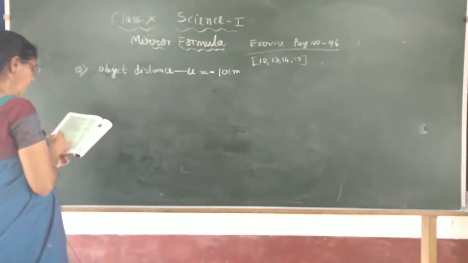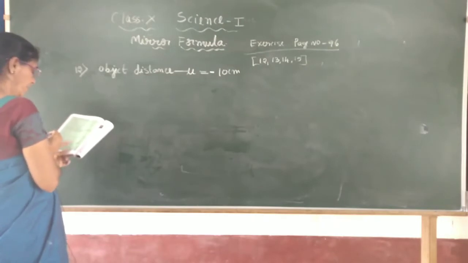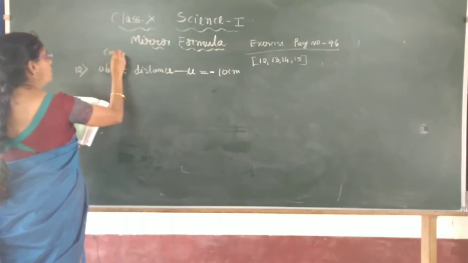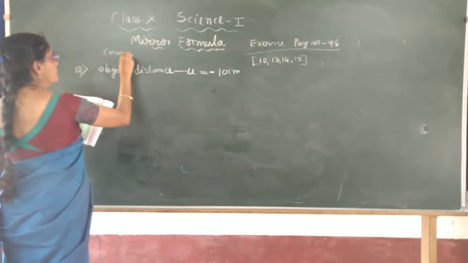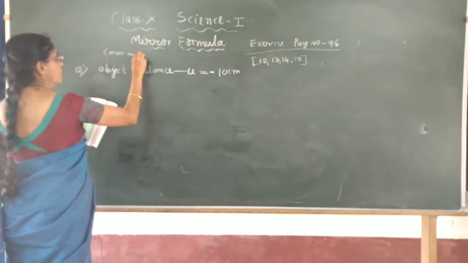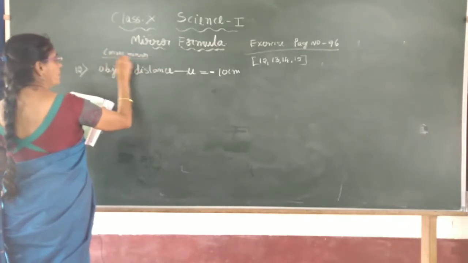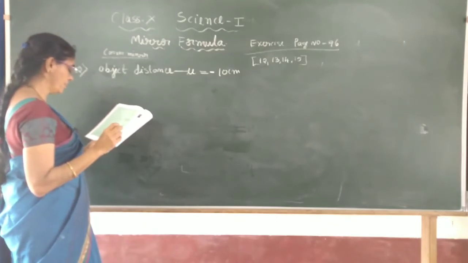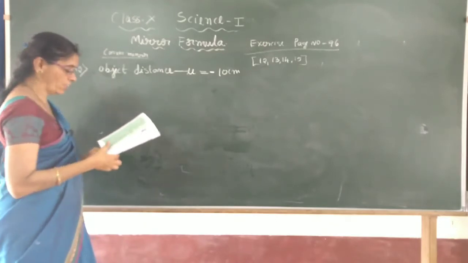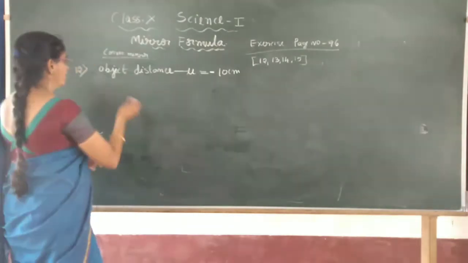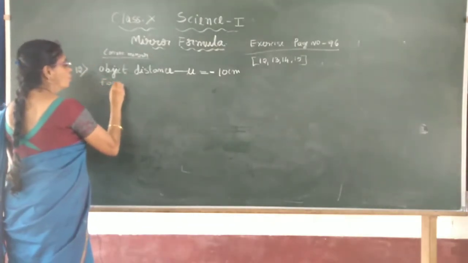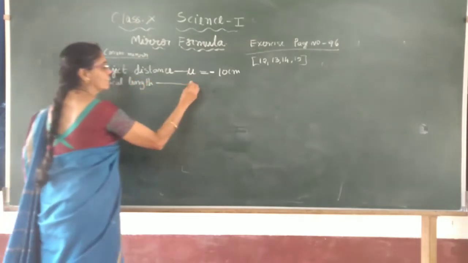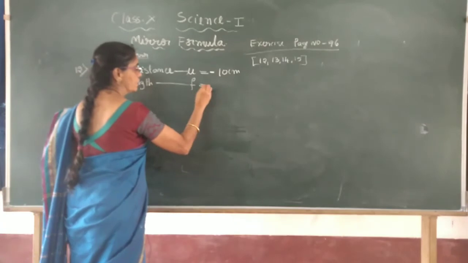Then they have given the focal length. Here I will write which mirror it is. The mirror is a convex mirror. If you know which type of mirror, it will help while writing the property of the image. Then what is given in the 12th problem? The focal length of the mirror is given. The symbol for focal length is f, is equal to.